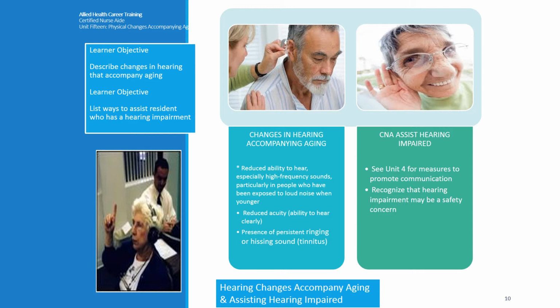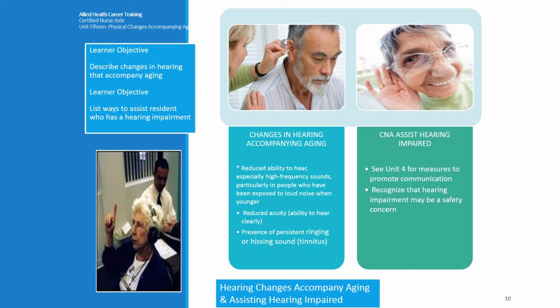Then there may also be tinnitus. This is the presence of a persistent sound that you perceive in the absence of actual sound. This is what we typically think of as ringing in the ears. You can be in a completely vacuum sealed room, with absolutely no noise except the sound of your own breathing, and you hear ringing in your ears.